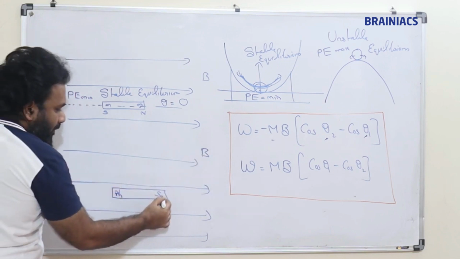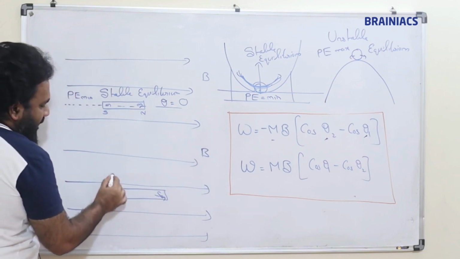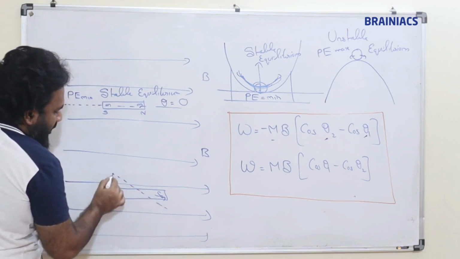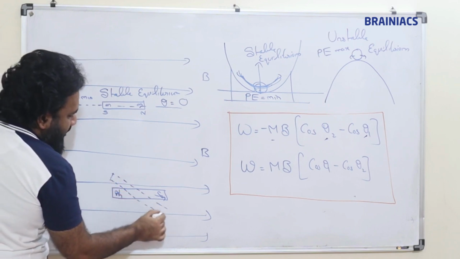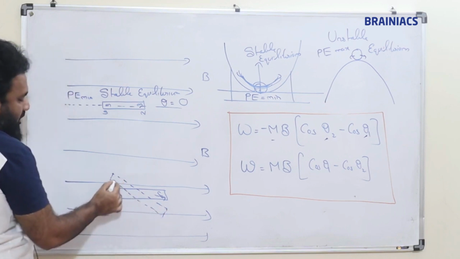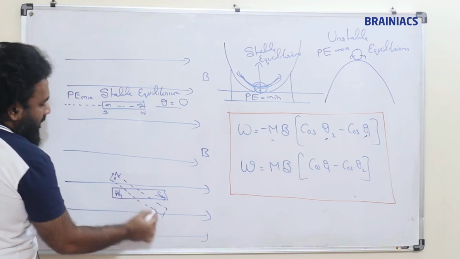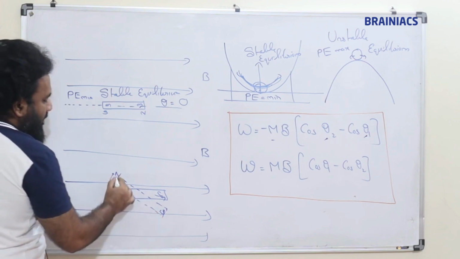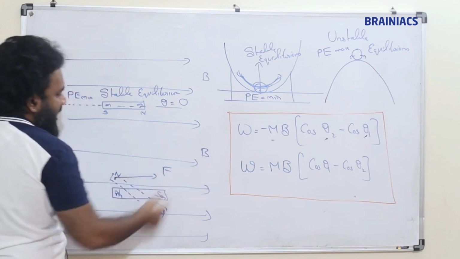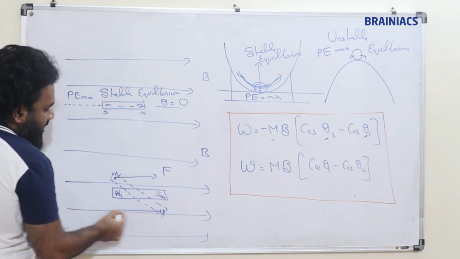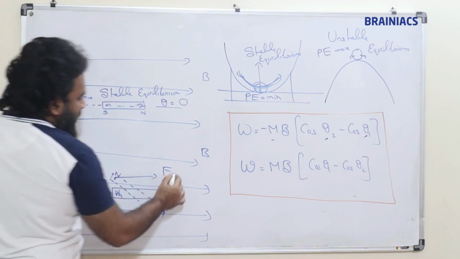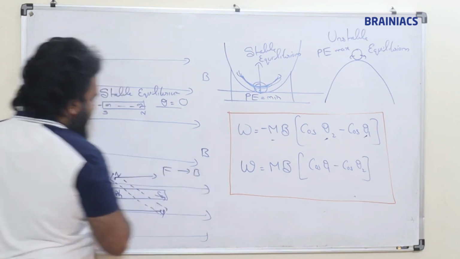Suppose I displace this into this direction, this is north, this is south. So this will experience a force in this direction, and the south will experience a force in this direction. This will experience a force in the direction of the magnetic field.